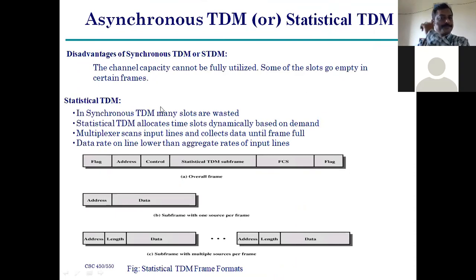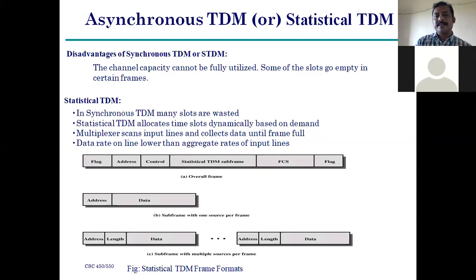So here there is a disadvantage of synchronous TDM. We know what the disadvantage is: the channel capacity cannot be fully utilized 100%. Why? Because some empty slots are freely moved in the selected frame, right?